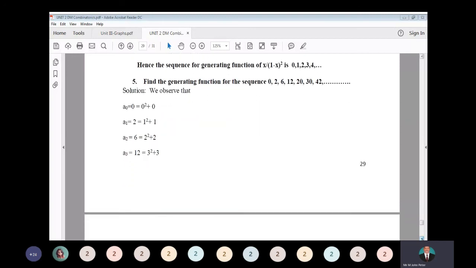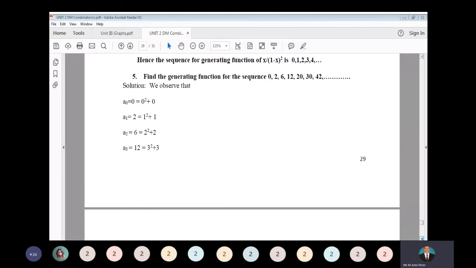Find the generating function for the sequence 0, 2, 6, 12, 20, 30, 42. We observe that a0 equals 0 square plus 0, a1 equals 2, that is 1 square plus 1, a2 is equal to 6, that is 2 square plus 2, a3 is equal to 12, that is 3 square plus 3.